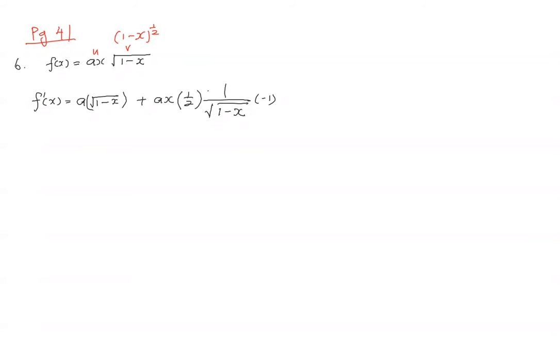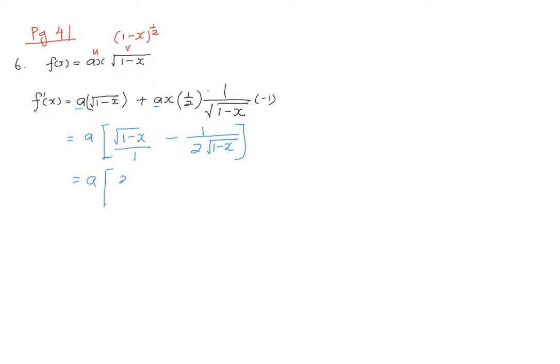For me, I will try to factorize it first. So this is a. Factorize out the a. Rewrite the whole thing. Then after that, I make the fraction the same, the denominator the same.